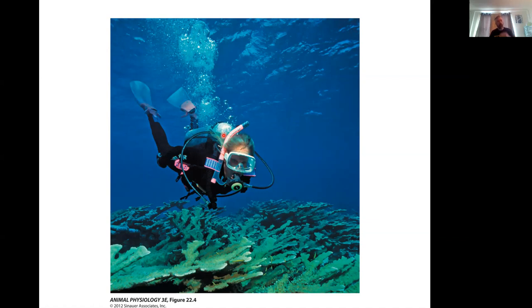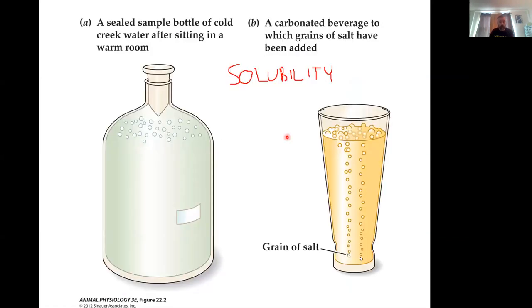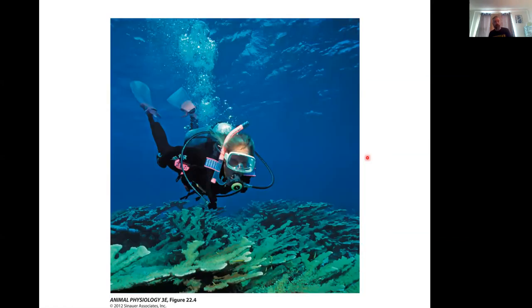But if you go down and rapidly come up, those gases that have been forced into your blood very quickly do the beer thing. You get these big bubbles of gas inside your blood. That's bad. Bubbles of gas inside your blood can, in fact, kill you.